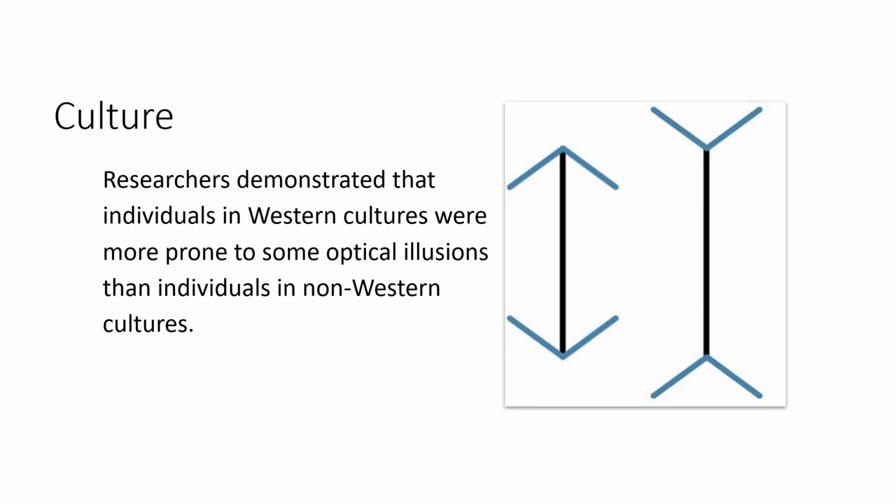For example, in a study that was done in the early 1960s, researchers demonstrated that people from Western cultures were more prone to experience certain types of visual illusions than people from non-Western cultures and vice versa. So in this example, Westerners were more likely to experience what's called the Miller-Lyer illusion. And the lines appear to be different lengths, but they're actually the same length.